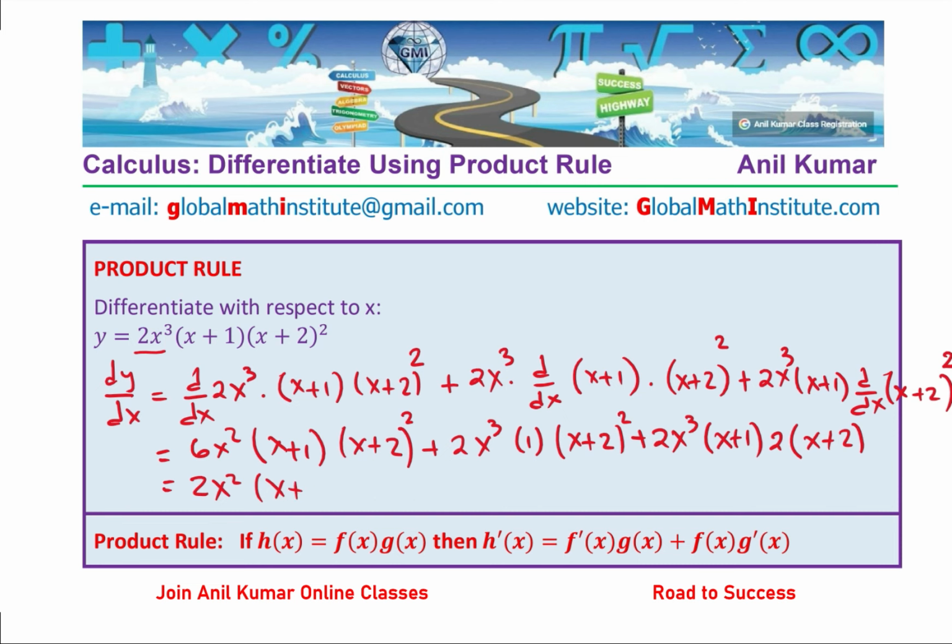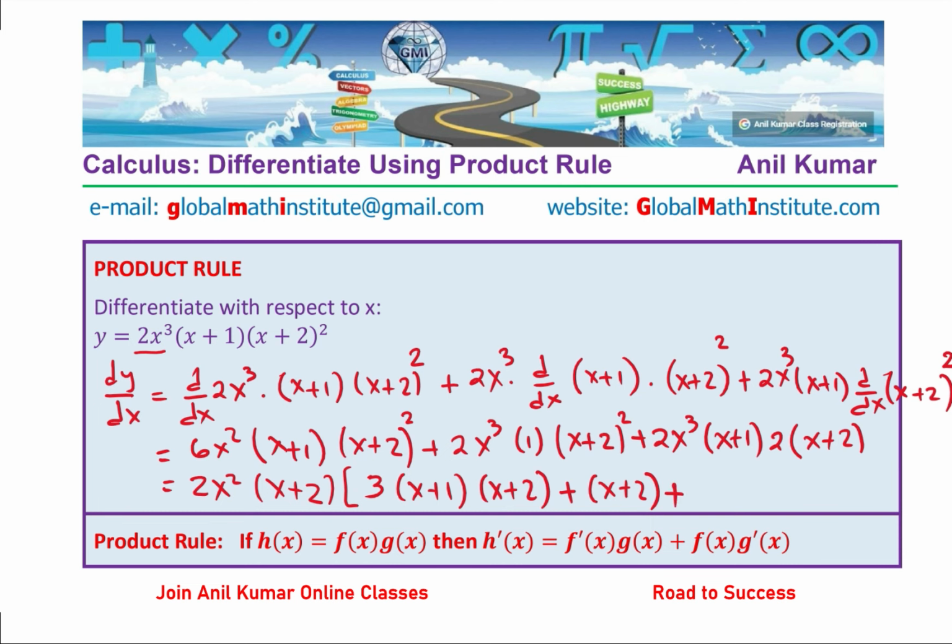And in the bracket, we get 3 times x plus 1 times x plus 2 from the first term. 2x cubed is already common, so plus we get x plus 2 times, that is it, right?